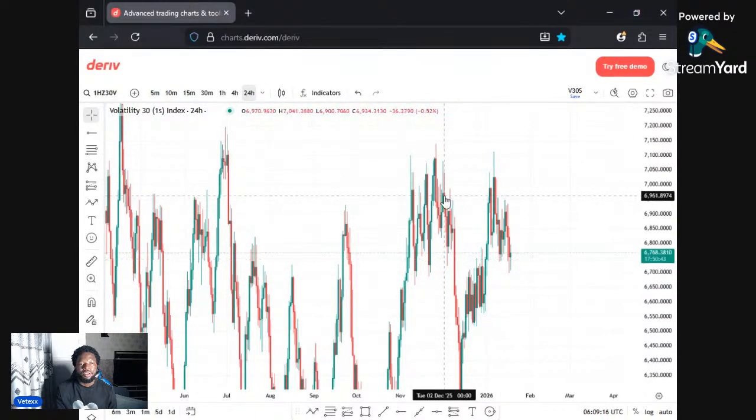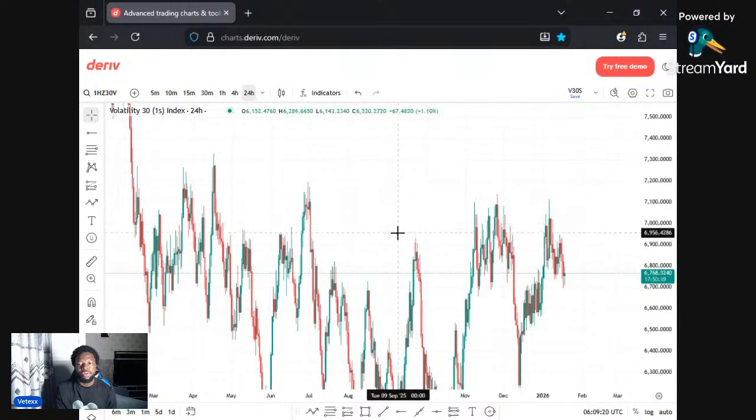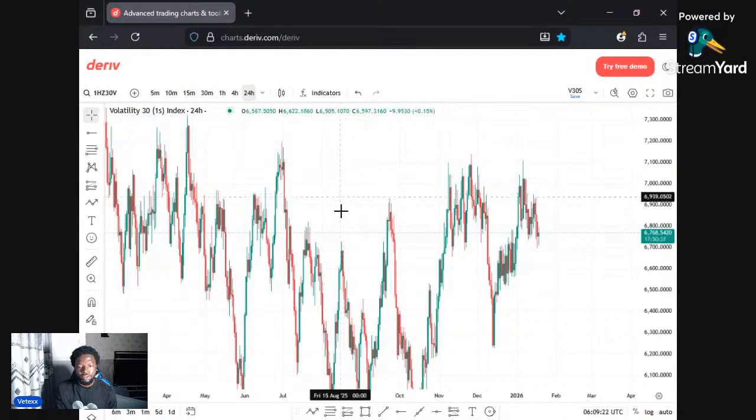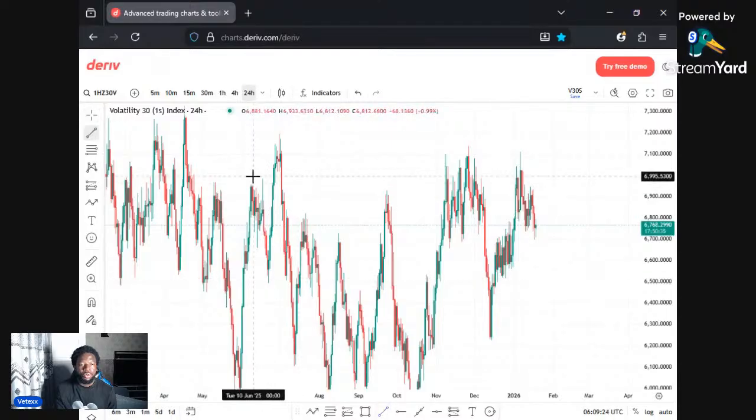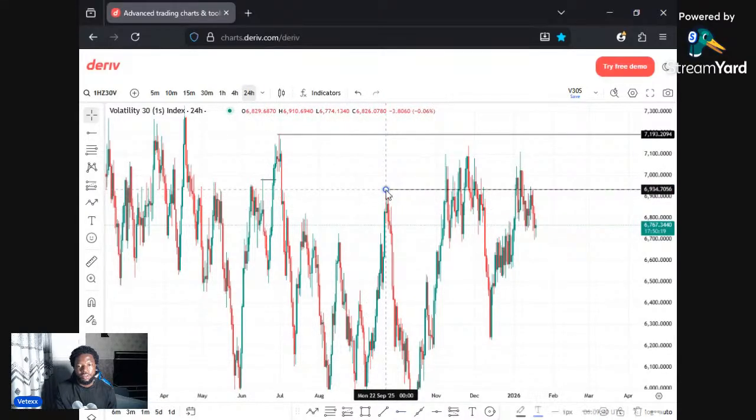Looking at the 24-hour time frame, we have a sell on the 24-hour time frame, which is this. You can see clearly we have our sweep here, which is this sweep of liquidity. We have our protected high, which is this, right? We have price retrace 50% to give us our structural liquidity, which is this.